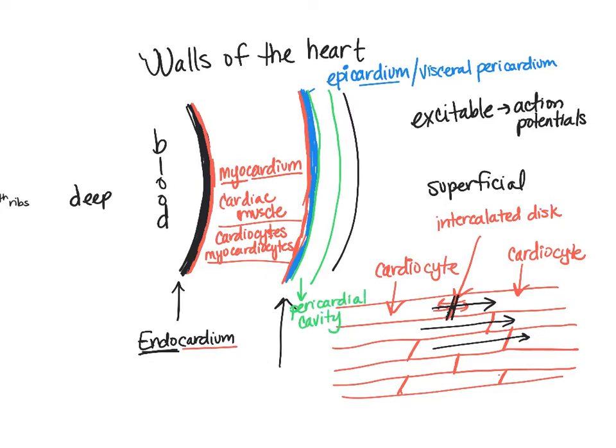Pericardial cavity, right? So we've got fluid in here, the pericardial cavity, so that as our heart is pumping, as it's moving, we have these things that are nice and smooth, our endocardium, our epicardium, our very smooth surfaces. We have the pericardial cavity, which is filled with fluid that's allowing this movement to occur without bumping into other stuff and causing damage.